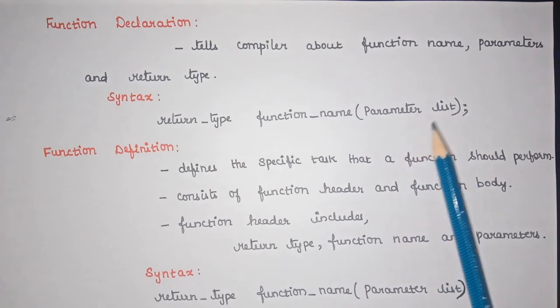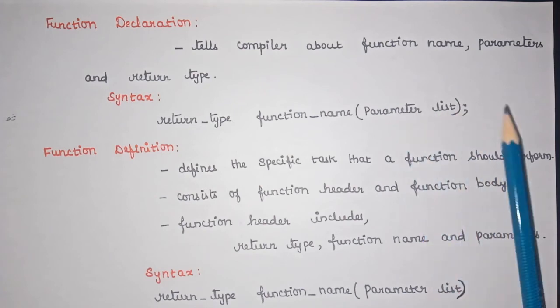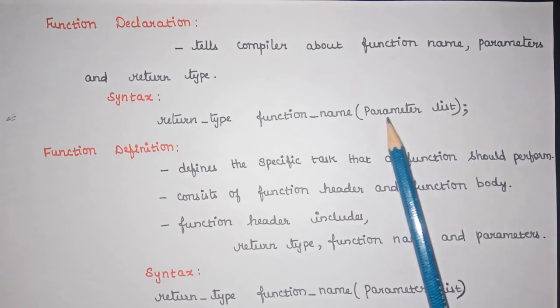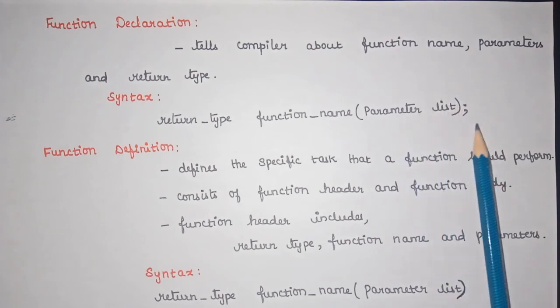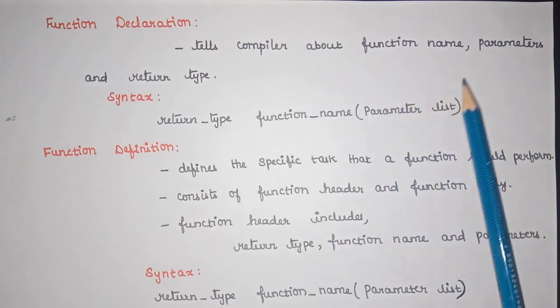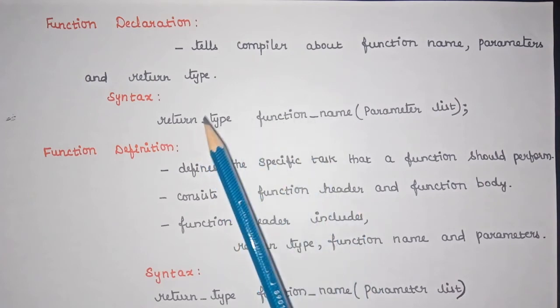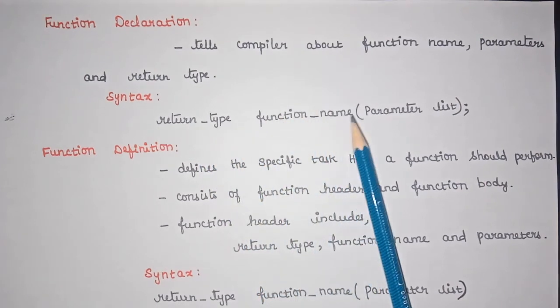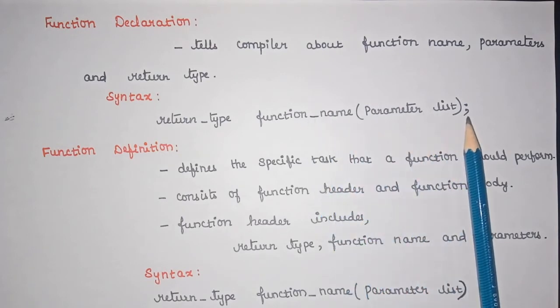We can also call them arguments. Here we can declare n number of parameters, which is why it is given as a parameter list. So more than one parameter can be declared here. This is how we can declare a function. The return type means a data type, then we give some name for the function, that is the function name, and inside this we have a parameter list.